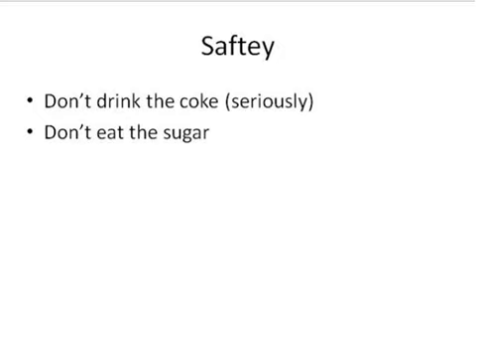So never eat anything you make in the chemistry lab. We will be very careful about that. There's always the possibility of contamination, and there's no reason to run the risk of accidentally ingesting poisonous substances. And by the same token, don't eat the sugar. So that's pretty straightforward. There really aren't a whole lot of safety concerns in this case, but you will be wearing your goggles regardless, as we always do in the laboratory.